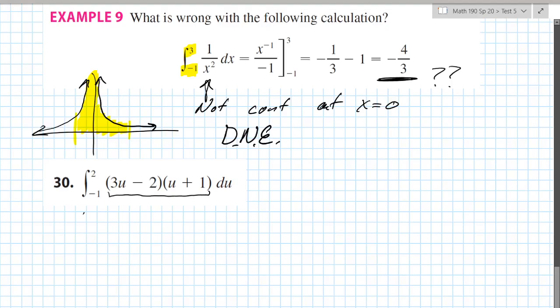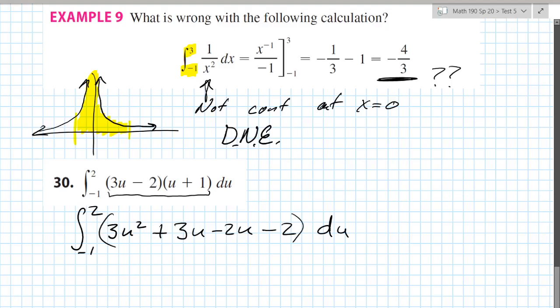And the answer is yes, it's a continuous function. It's just a 3u squared plus 3u minus 2u minus 2. It is just a parabola function, and a parabola is going to be continuous everywhere.